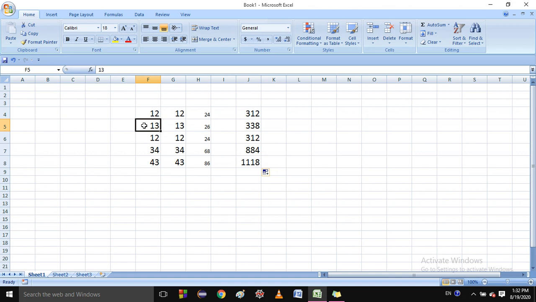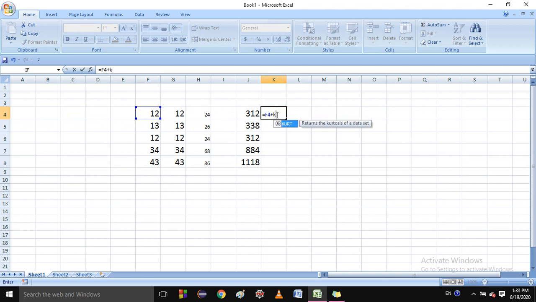Suppose this is K2, and I make the formula equal to this address plus this particular address.